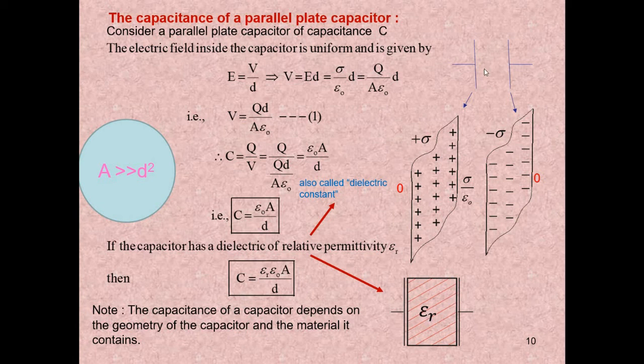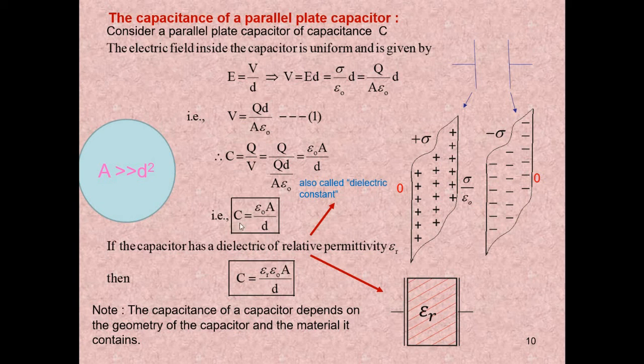If you have a capacitor whose capacitance is, let us say, 10 microfarad and you want to increase the capacitance 8 times, insert a dielectric with dielectric constant 8. So 10 into 8, 80. Very best way to increase the capacitance of a capacitor: simply insert a dielectric.